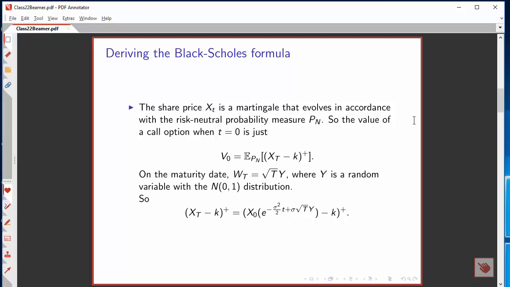And now we have the quantity we need to evaluate. I take initial price X sub 0 multiplied by this exponential that gives the time evolution, subtract off the strike price. I want to calculate the expectation of that, but only when the random variable has a positive value.